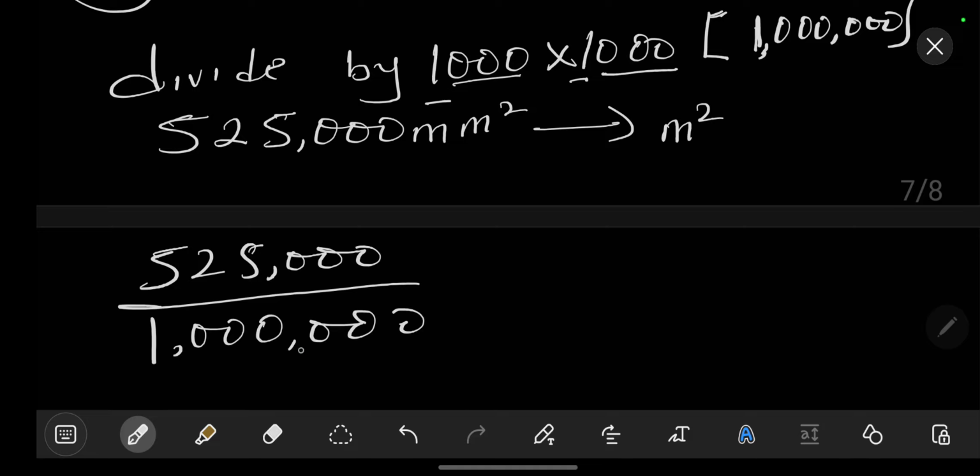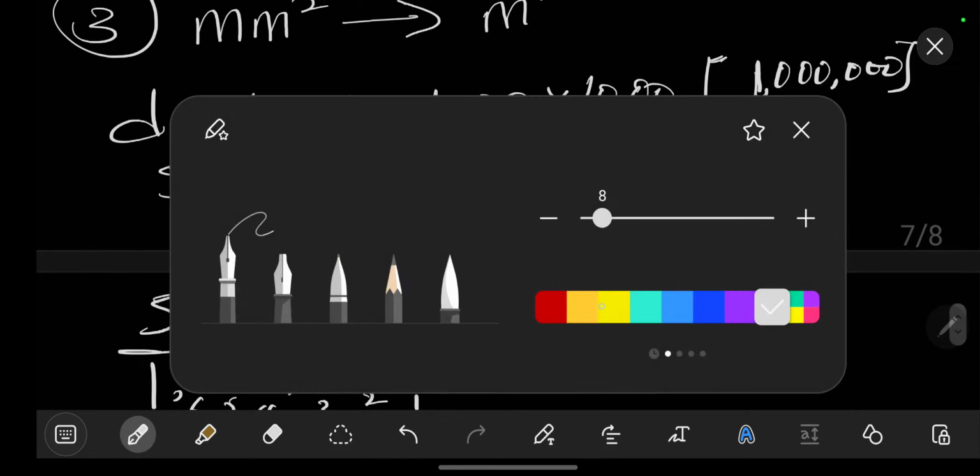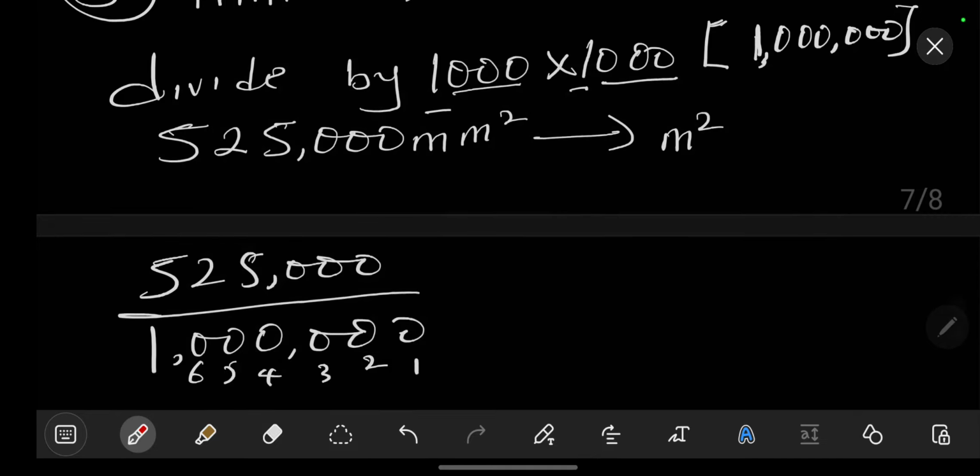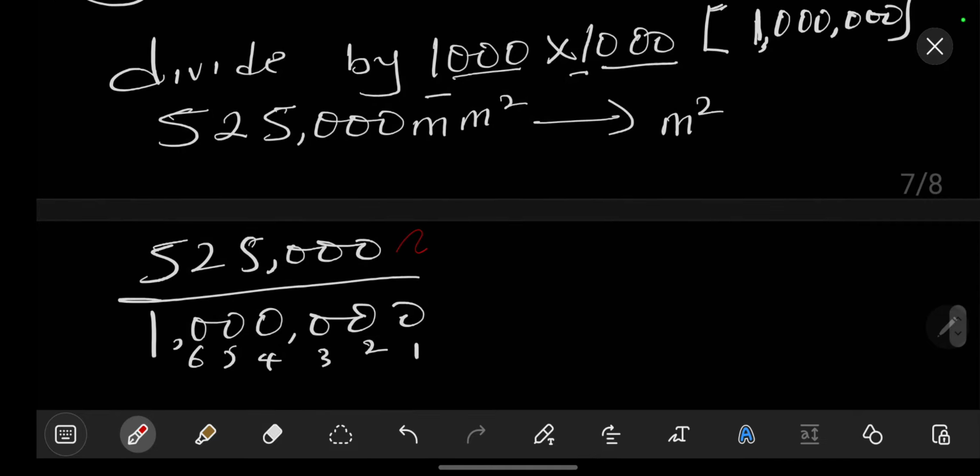Here we have 6 zeros, 1, 2, 3, 4, 5, and 6. Since we divide, I'm going to move our decimals backward. So I don't even need to use a calculator whatsoever. My imaginary decimal is here. I move 1, 2, 3, 4, 5, and 6. So the decimal is now here. You see that now?